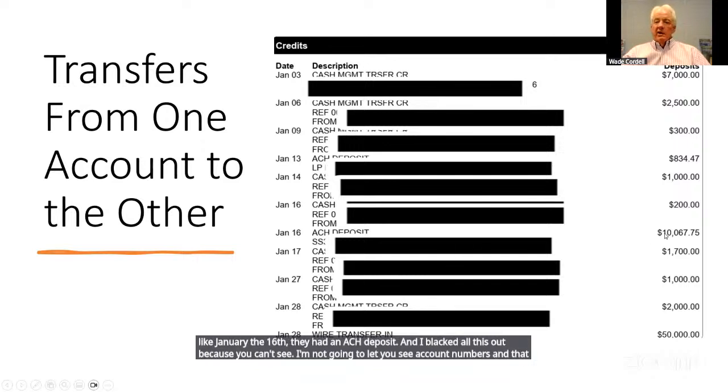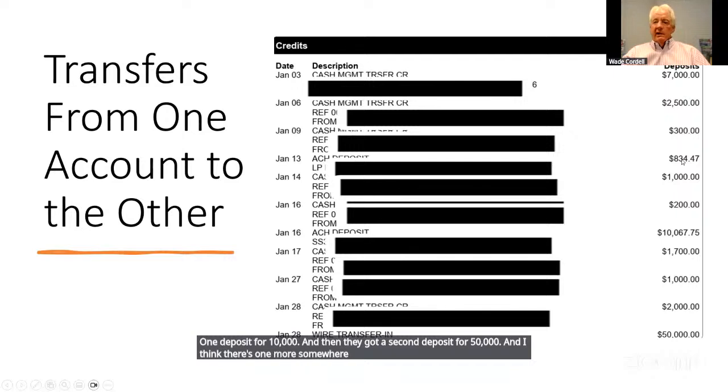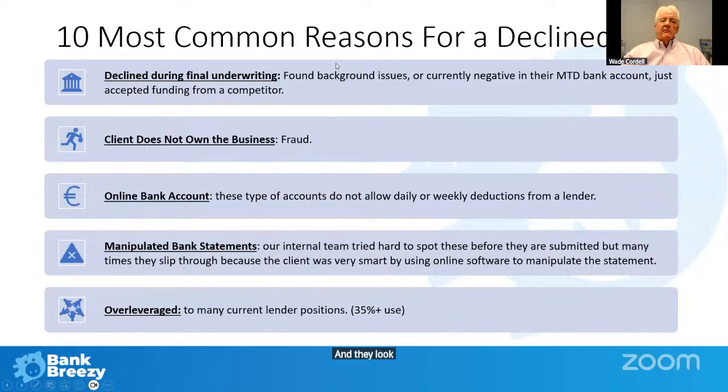So there's really one deposit for $10,000, and then a second deposit for $50,000, and I think there's one more somewhere right here for 800 and some. So that's really what the actual amount deposited is, and all of our lenders subtract all of this out. So when it looks like there are $200,000 in deposits for the month, there's really only about 60, and they look at every single month.